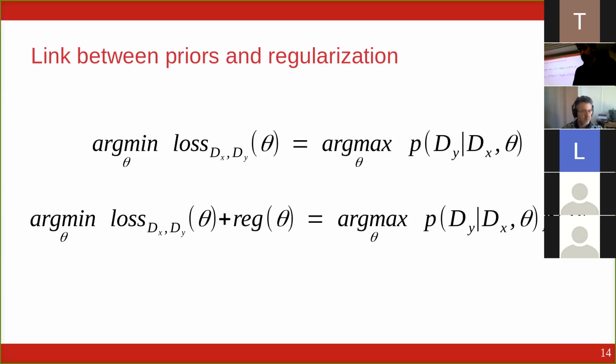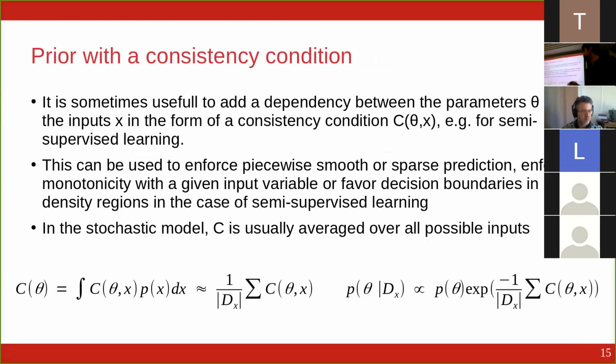You might also want to include more prior knowledge in your stochastic model. Usually saying, for example, in image processing, I want predictions that are piecewise continuous, or in signal processing, I might want predictions that are sparse. And how you do that is usually add a consistency condition to your loss.